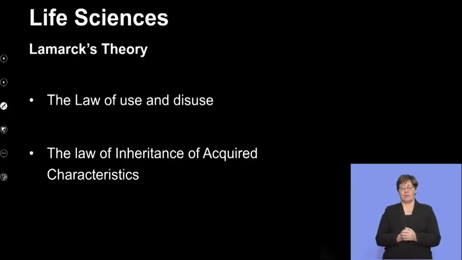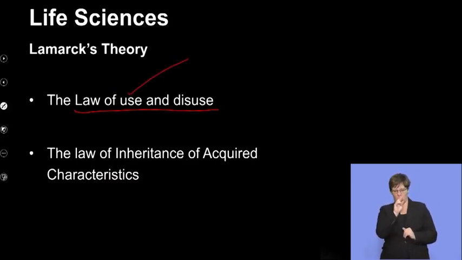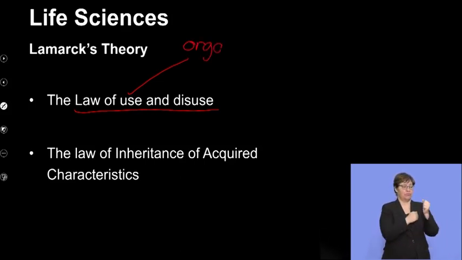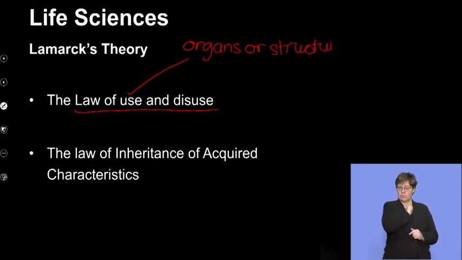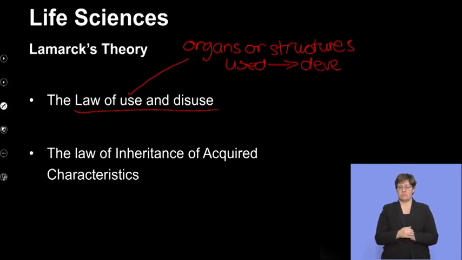Okay, so the two laws that he put forward, the first was the law of use and disuse. So let's have a look at this one. What he believed here is that if organs or structures were used, they would grow and develop. They would become stronger, longer, bigger, whatever, and then they would pass that on to their offspring.